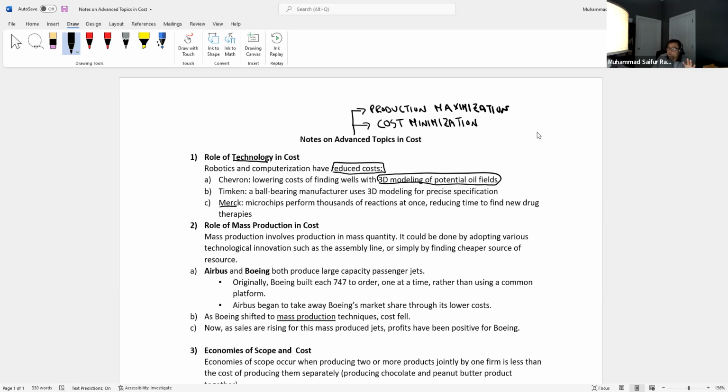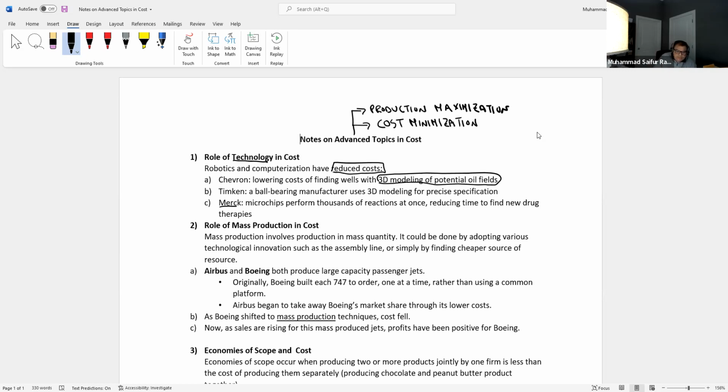They can conduct a smaller number of experiments, and then they can replicate those results. So these are all examples of technology that can significantly reduce time, exploration cost, setup cost, cost of backfiring of investment decisions. All together, they are instrumental in reducing cost of production. So technology is very important.